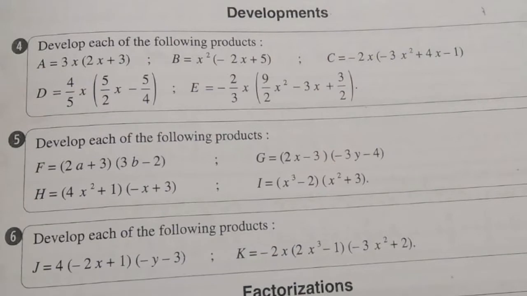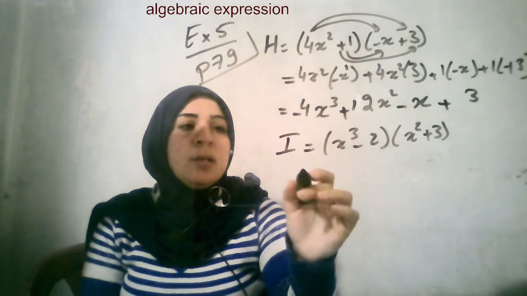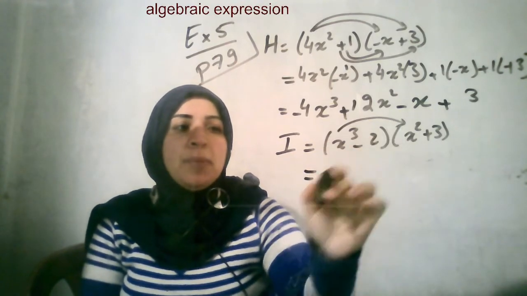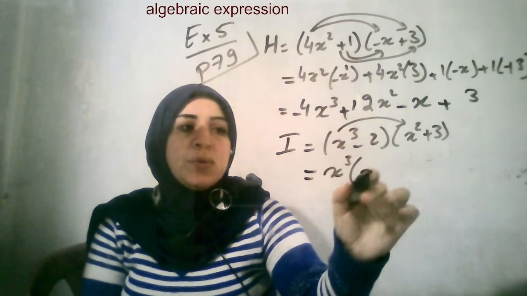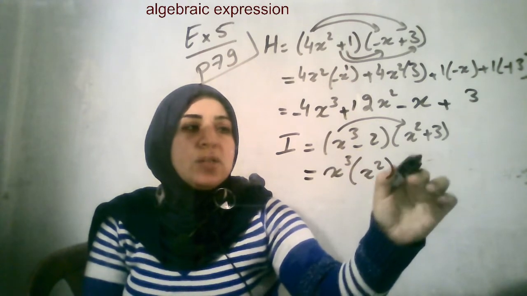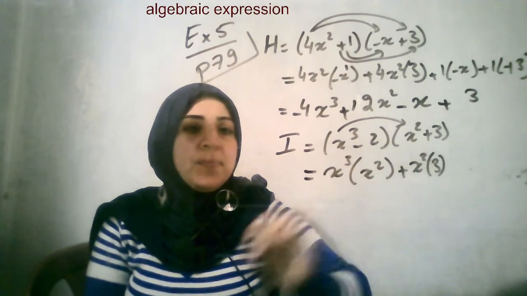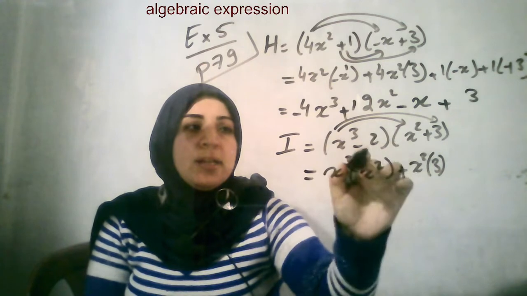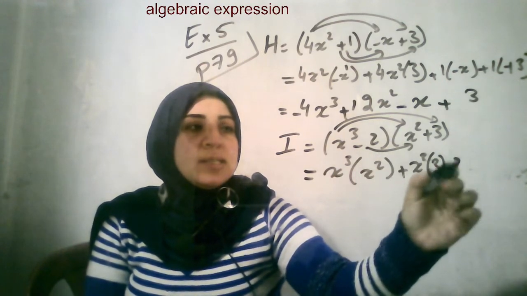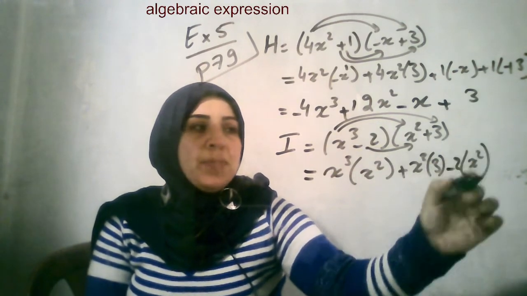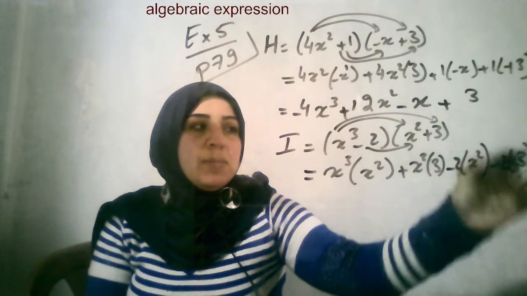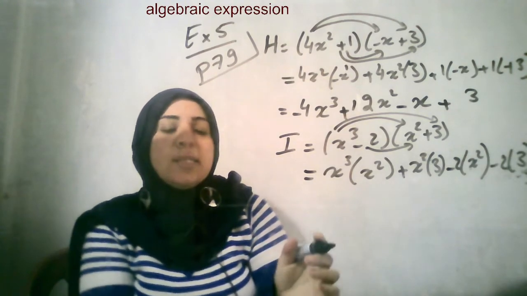I equal x cubed minus 2 into x squared plus 3. x cubed multiplied by x squared, and then x cubed multiplied by 3. Okay, then minus 2 is multiplied by x squared, and minus 2 is multiplied by 3, or plus 3, it's the same.